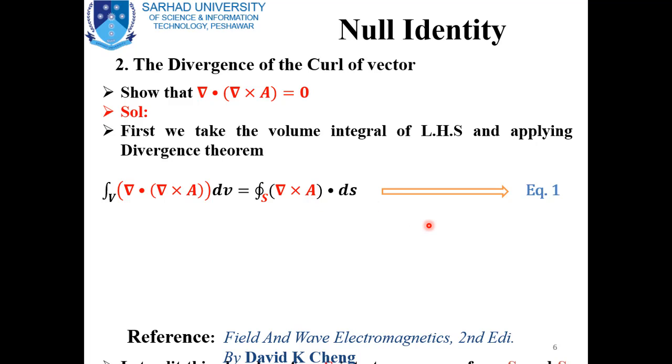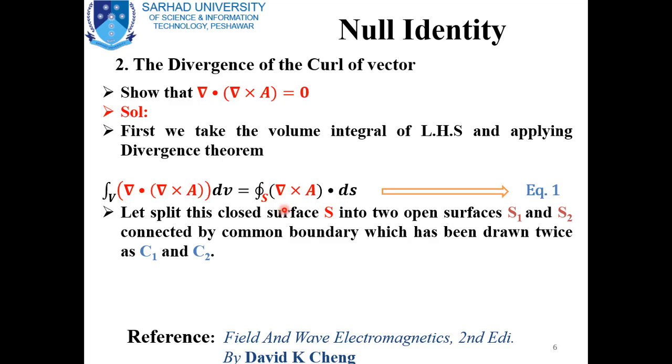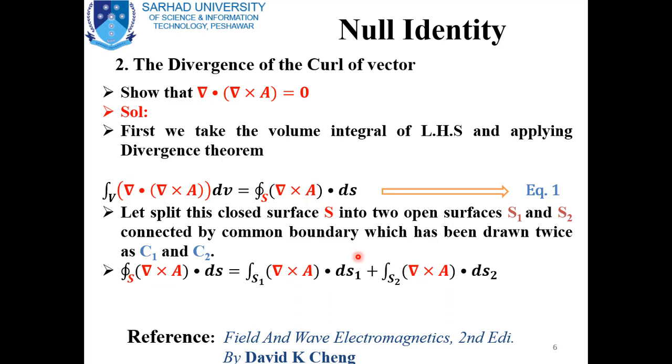So we take the right hand side of this equation and split this closed surface into two open surfaces. We split this closed surface S into two open surfaces S1 and S2 connected by a common boundary which has been drawn twice as C1 and C2. C1 and C2 represent the contours of the open surfaces of a single closed surface.